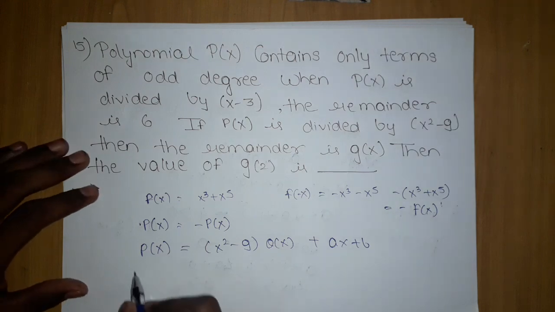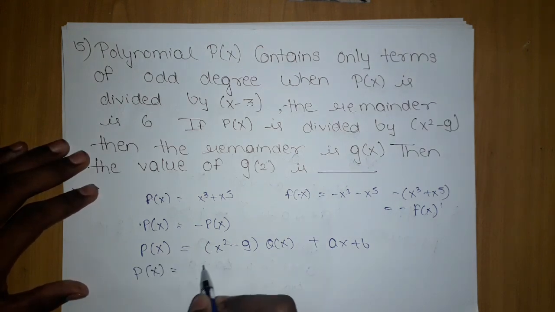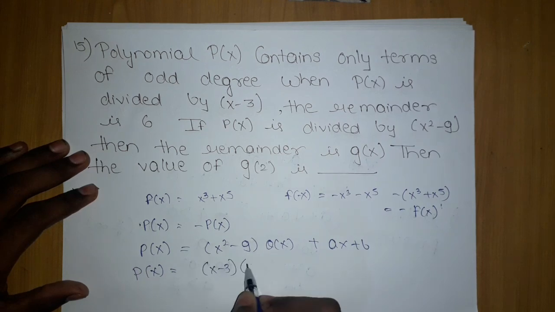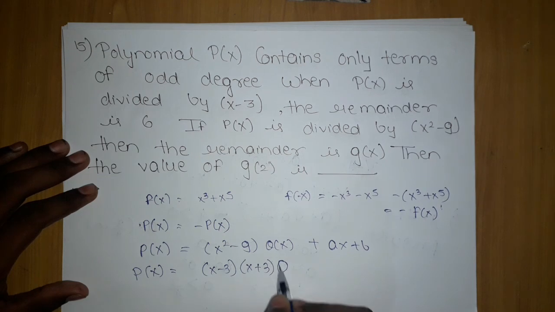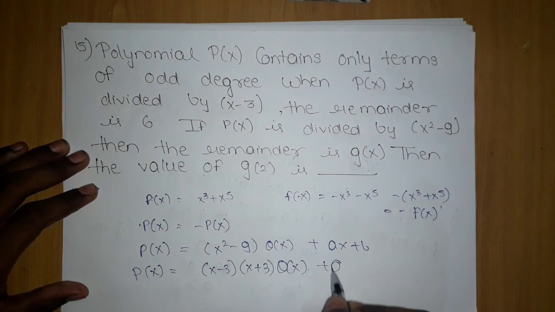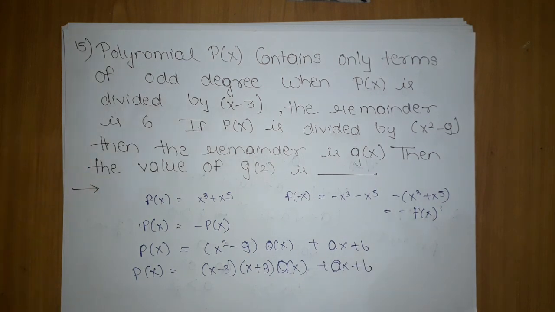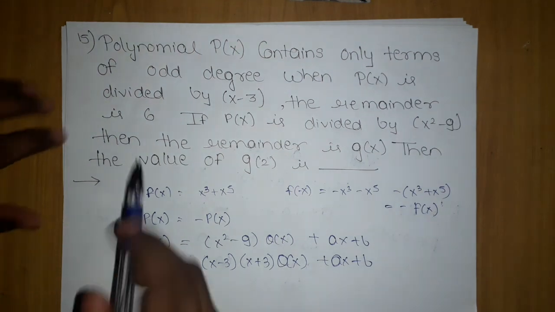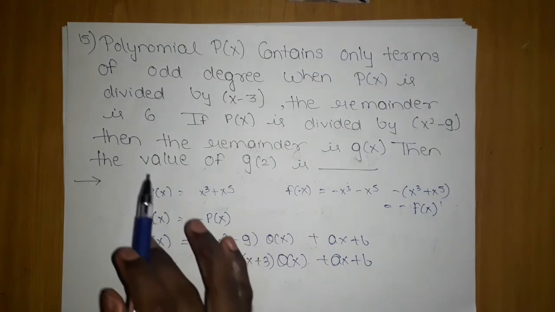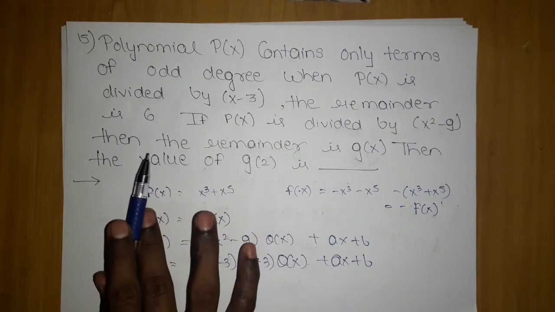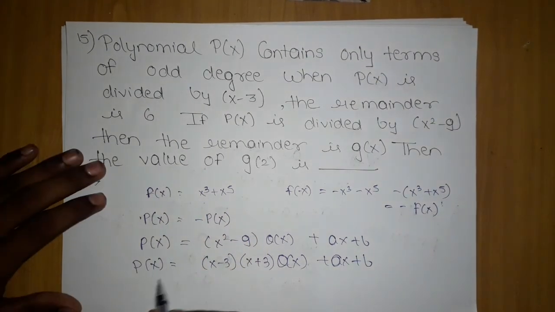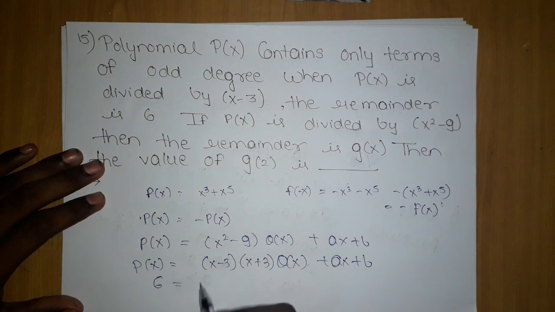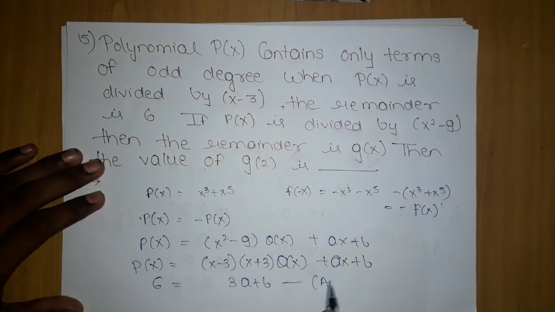Now we can further write x square minus 9 as x minus 3 times x plus 3 using the a square minus b square formula. Now they are telling that for x equals 3, it has remainder 6. For x equals 3, the first part will become 0, so 6 equals 3a plus b. So we got one equation.